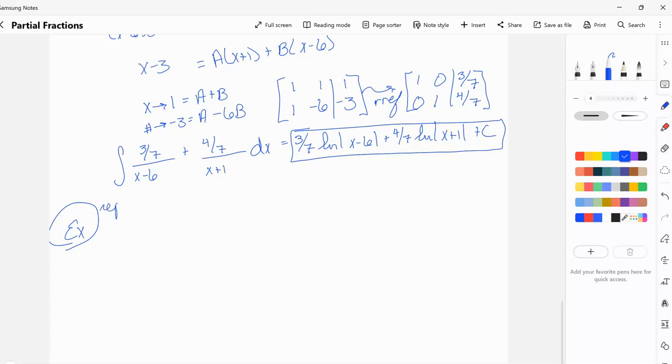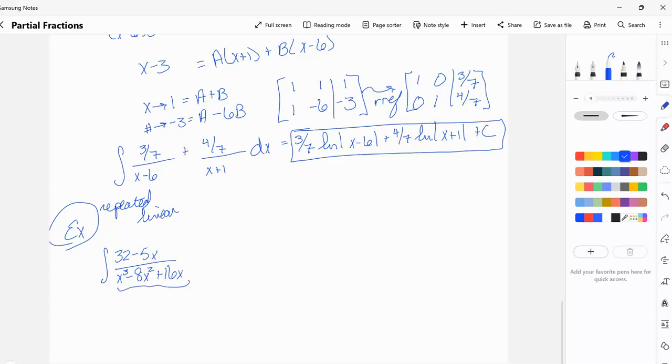So let's do a repeated linear. Let's say we have 32 minus 5x over x cubed minus 8x squared plus 16x.